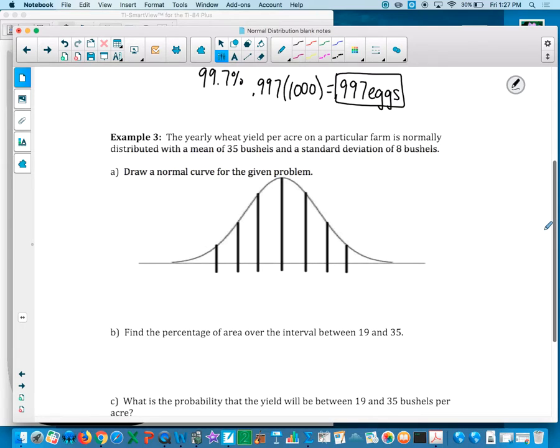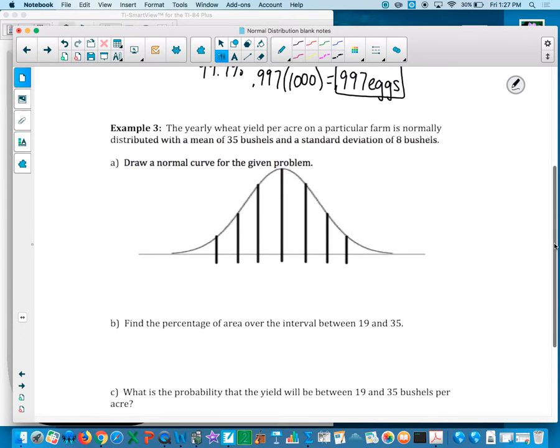So this last one here, before we do a second video about the calculator, the yearly wheat yield per acre on a particular farm is normally distributed with a mean of 35 and standard deviation of 8. So put the 35 in the middle, add 8, and subtract 8. All right, and then it asks us find the percentage of area over the interval between 19 and 35.